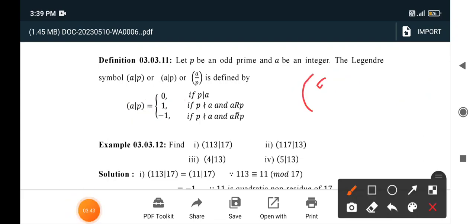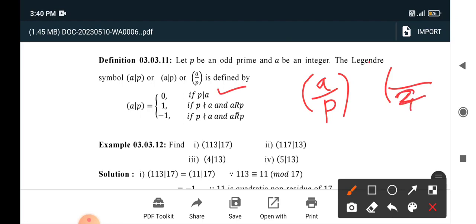The Legendre symbol of a by p is 0 if p divides a, or a is a multiple of p. For example, take the Legendre symbol with prime 2, and if we write 4, so the Legendre symbol of 4 by 2, after dividing 4 by 2, we have the remainder 0.